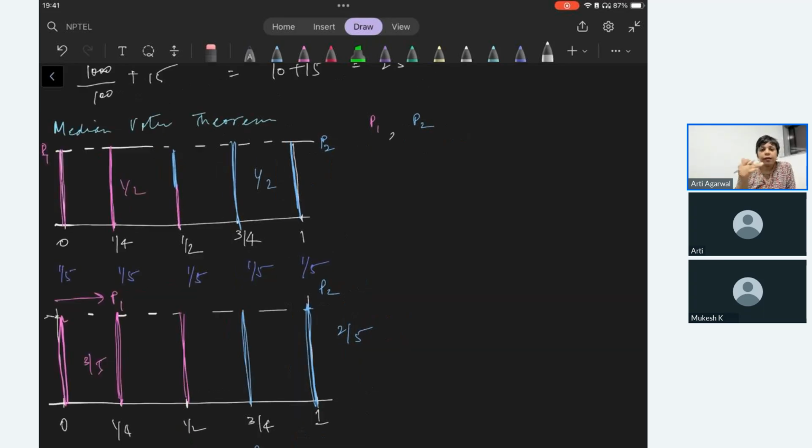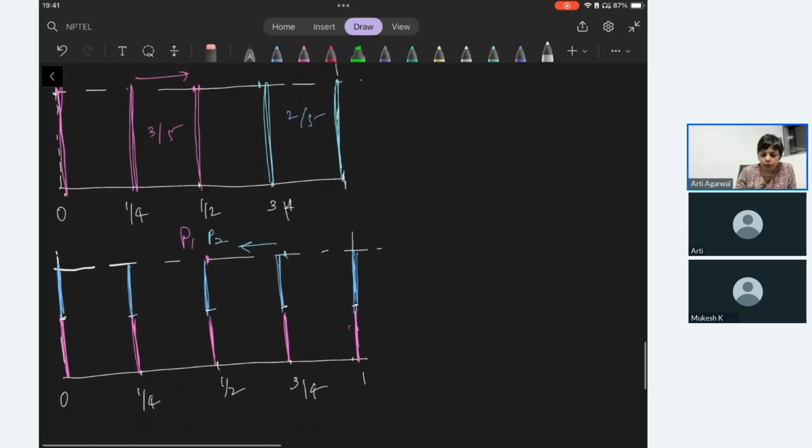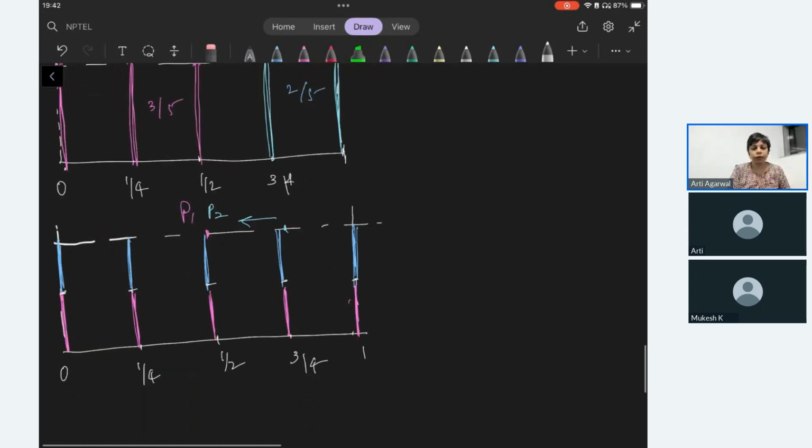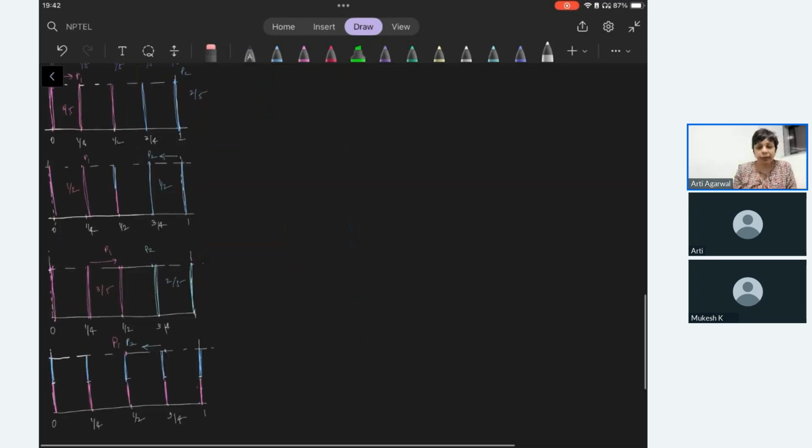But as they kept shifting towards the center, they kept increasing their vote share. So they kept shifting towards the center until both have now reached the center. So my diagram is not exactly to scale, but I think it is still acceptable enough.